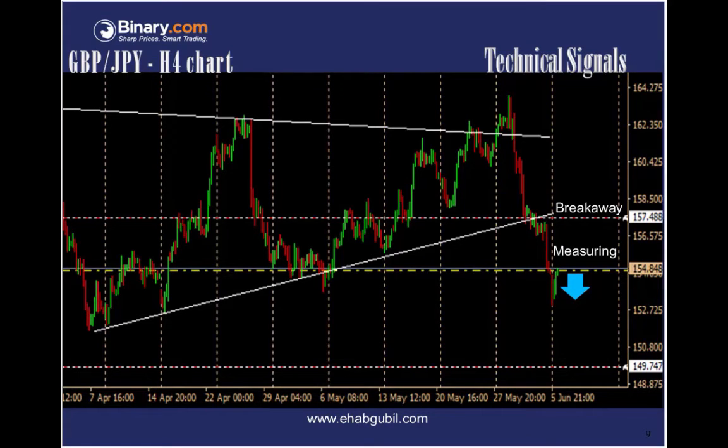So I measured this distance, and here is the measuring candle. I expect the market to keep moving downwards to the level of 149 or 149.7. You can make a low option, or you can use a touch or no touch trade to trade this signal.